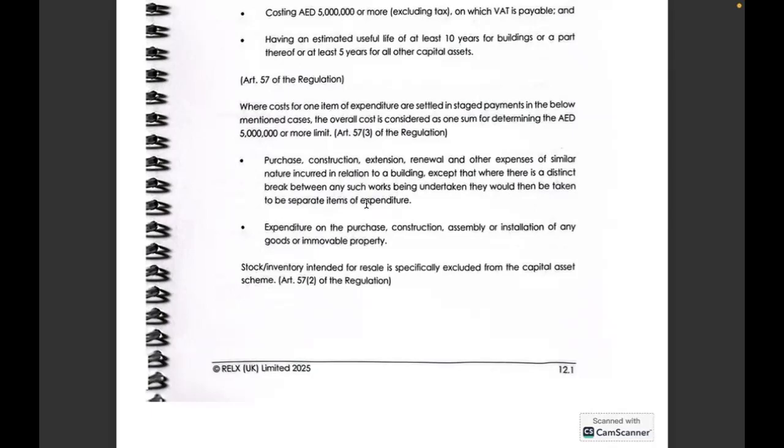Unless there is a distinct breakdown, they will be considered as part of the capital asset. Expenditure on the purchase, construction, assembly, or installation of any goods or immovable property are also part of the capital assets.